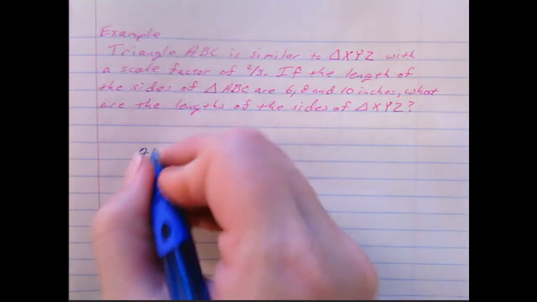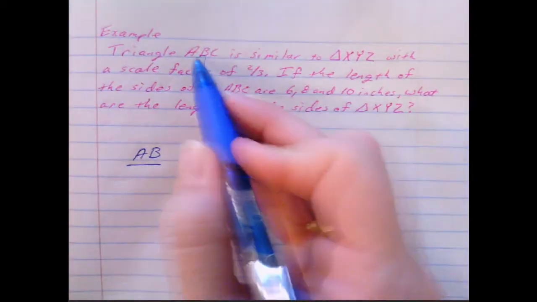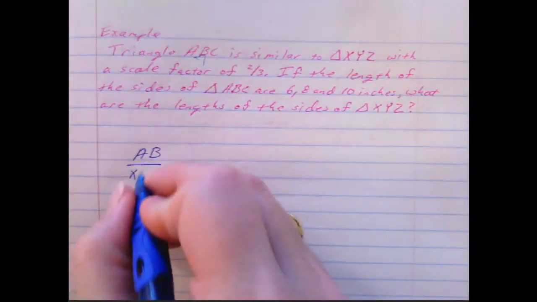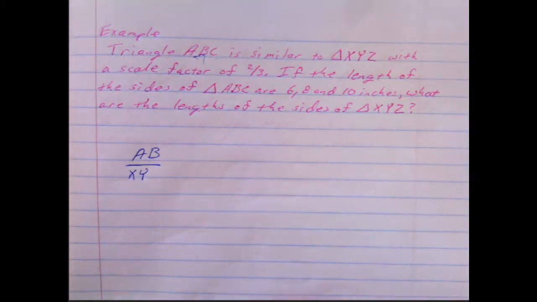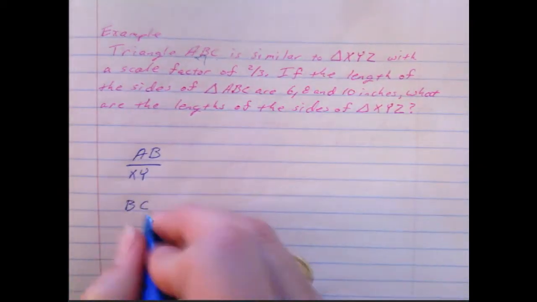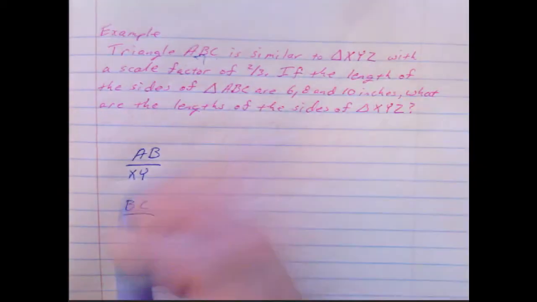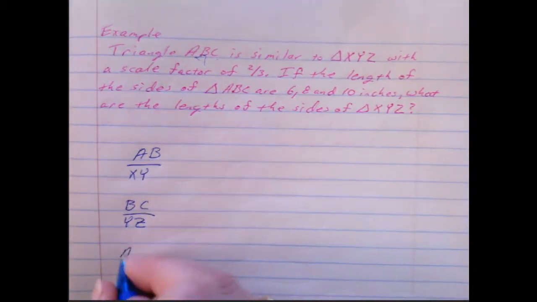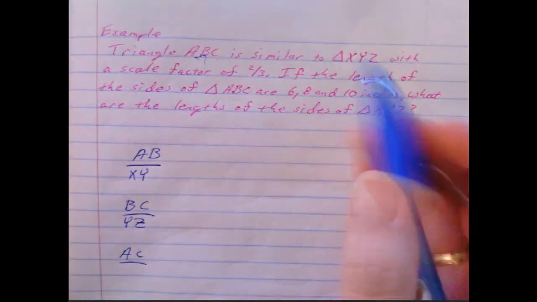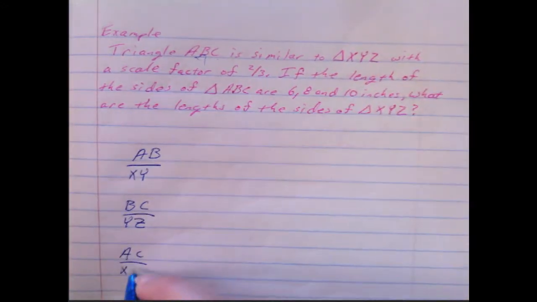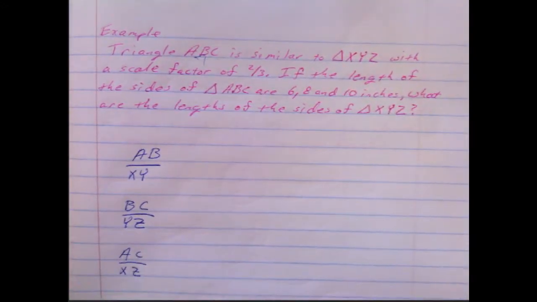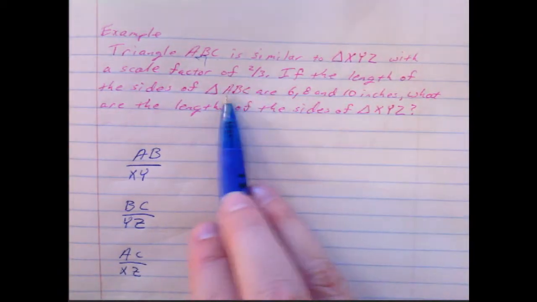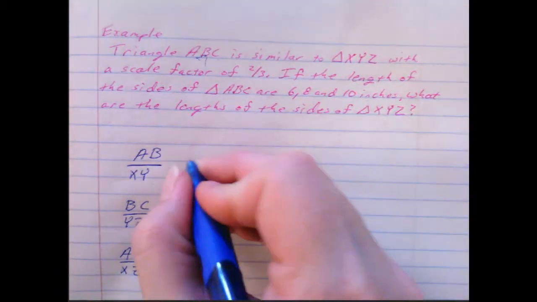We can have AB. AB corresponds to XY. Okay, we can also have BC. Last two corresponds to YZ. And then AC corresponds with our first and last, which is XZ. So they told us the sides are 6, 8, and 10.